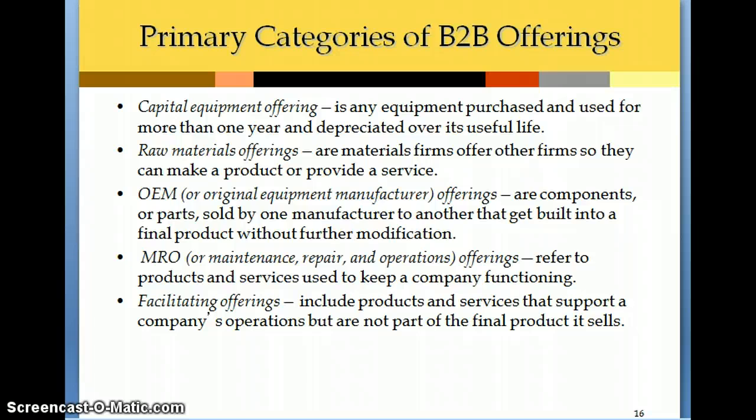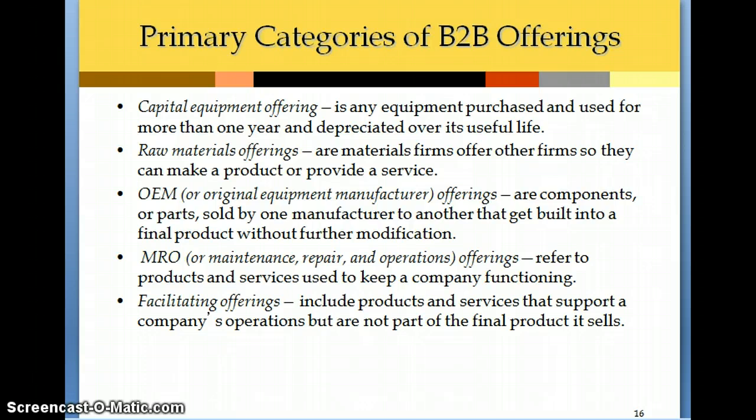OEM offerings, or components, are components or parts sold by one manufacturer to another that get built into a final product without further modification. One example is tires for cars.